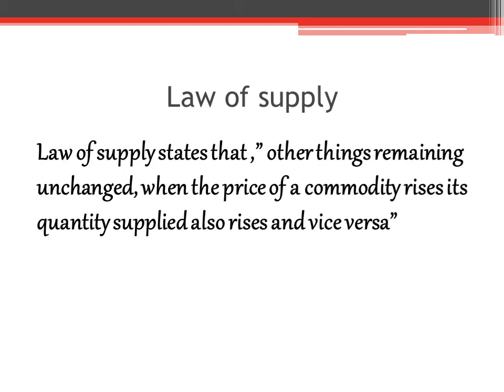When the price of the commodity rises, if all other factors remain unchanged, its quantity supplied also rises. And when the price of the commodity decreases, its quantity supplied also decreases. That's called the law of supply.